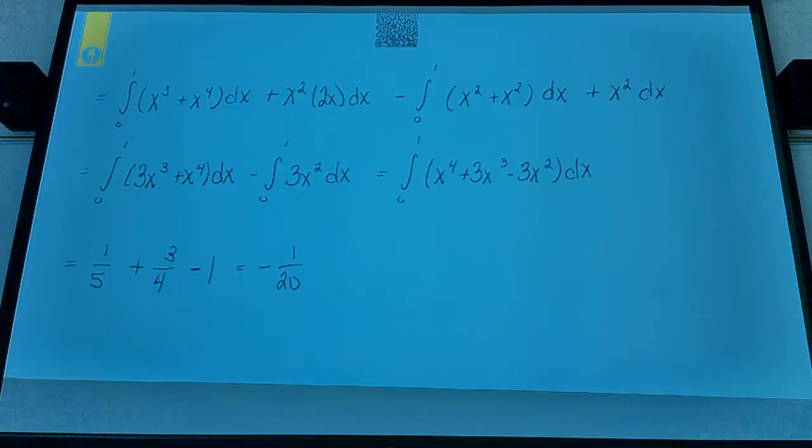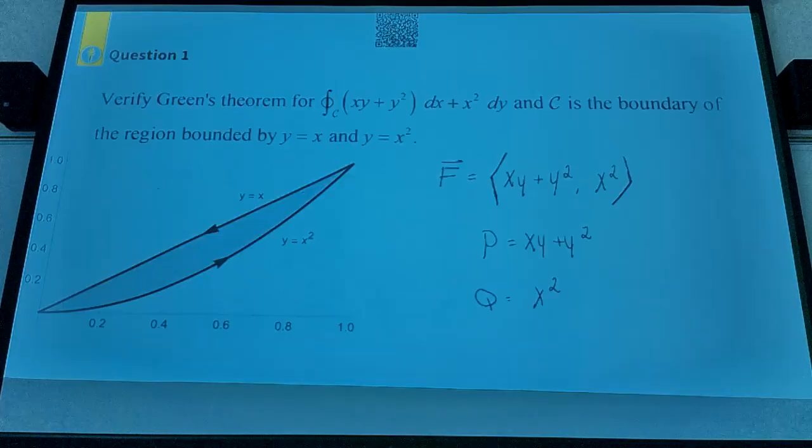Can you go over how you got the parameters for x and x squared for the first one? What's the curve? Y equals x squared. Y equals a function of x, right? Let x be a parameter.